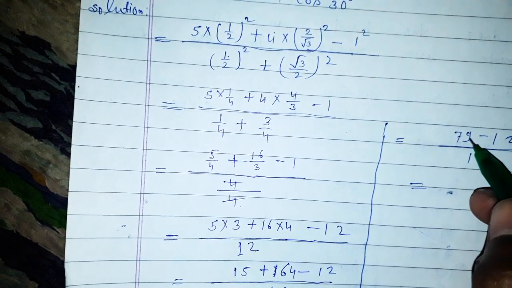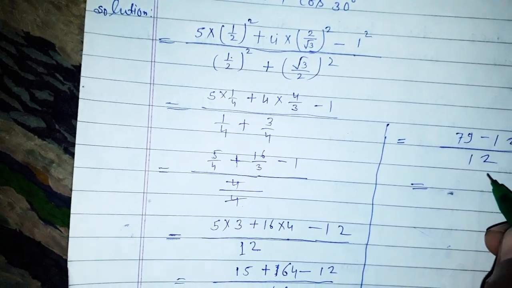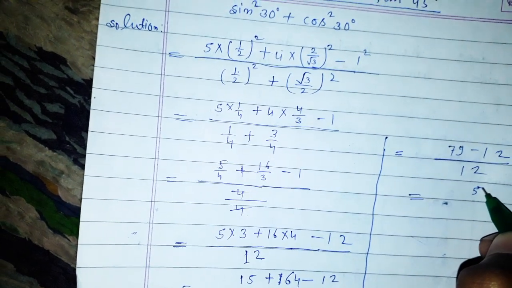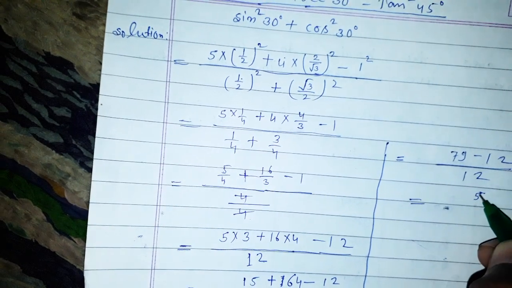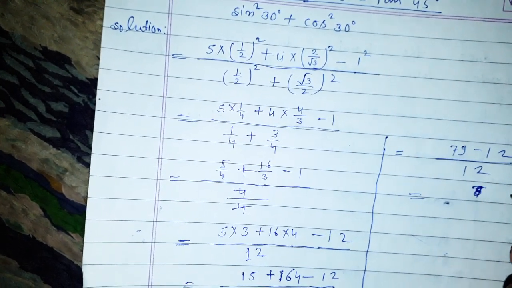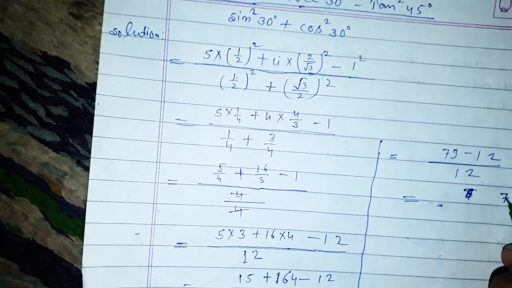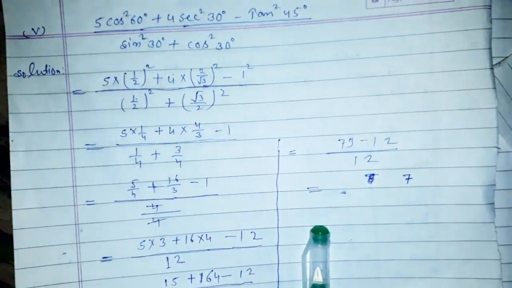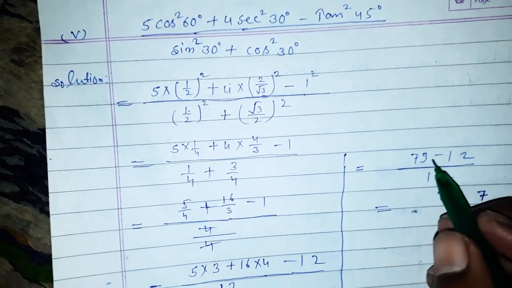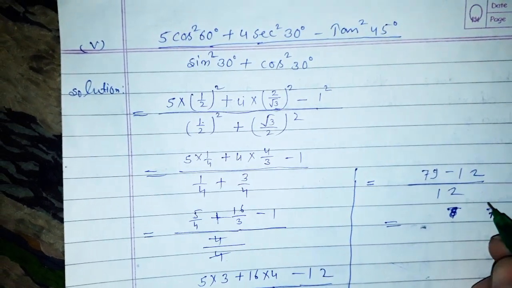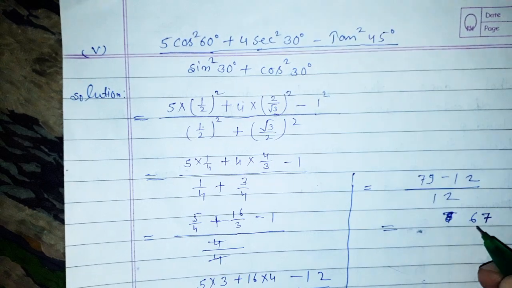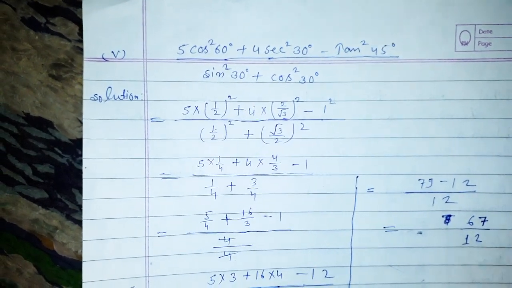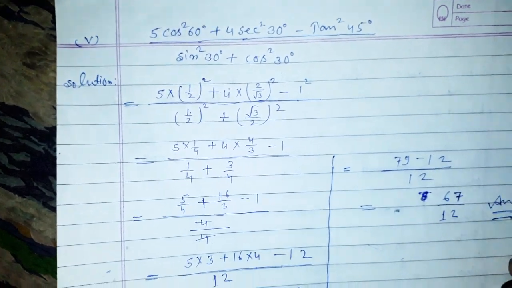Subtract the value. 9 minus 2 is 5. Sorry, 7. 7 minus 1 is 6, divided by 12. This is the answer.